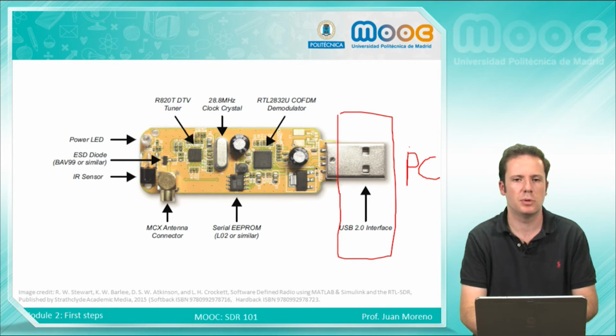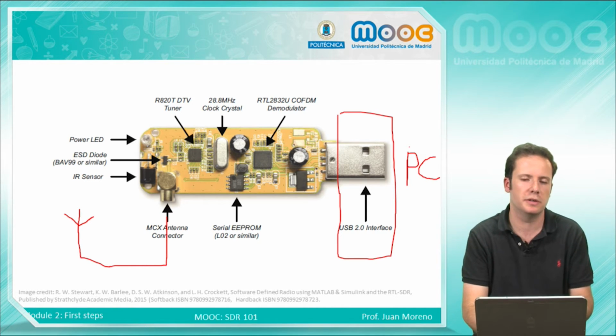This is the antenna port, so here we will plug the antenna. Also, it has an infrared sensor, but it's only used in the TV mode, so here in the test mode or in the general mode we won't use it.